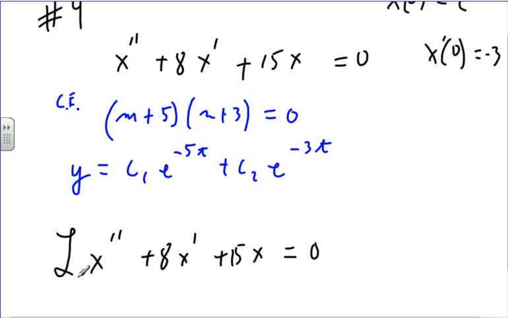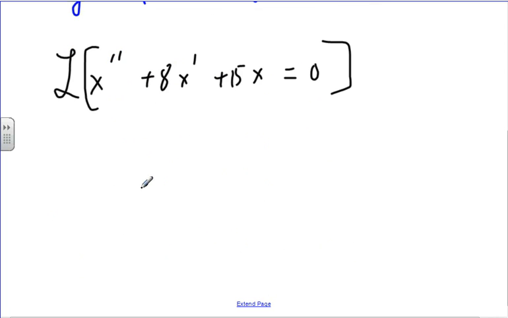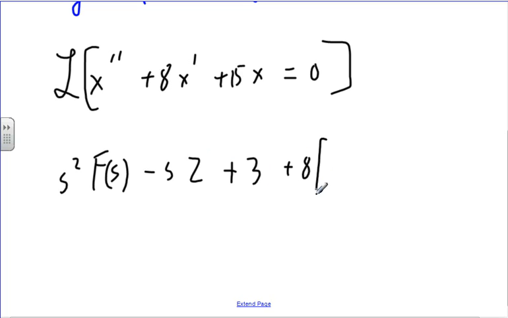So I'm going to take the Laplace transform of the whole thing, and I'm going to have s squared X of s minus s times 2 minus 3 plus 8 times s X of s minus 2 plus 15 X of s is equal to 0.